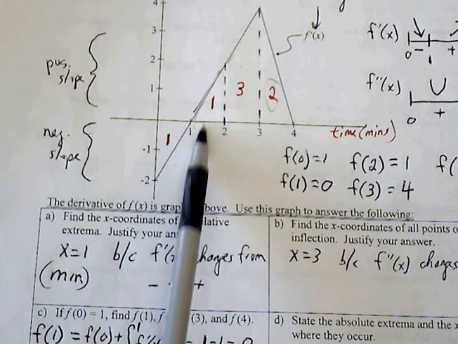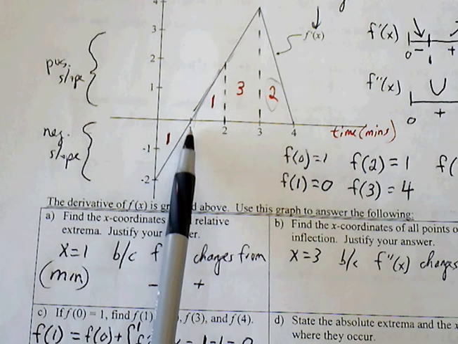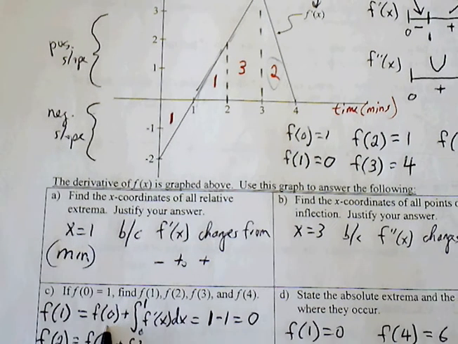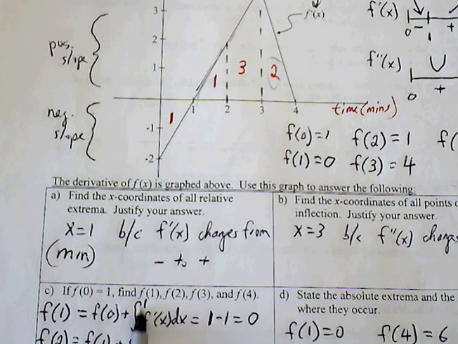And that's exactly what f of 1 is. F of 1 allows us to take the starting position, f of 0, figure out how much distance he covers by looking at the integral of velocity, and add it to our initial position, so 1 minus 1 equals 0.